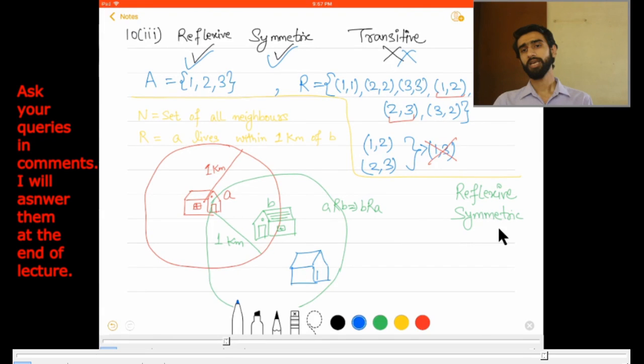Now for transitivity I draw a third person, C. Now B and C live within 1 kilometer radius.